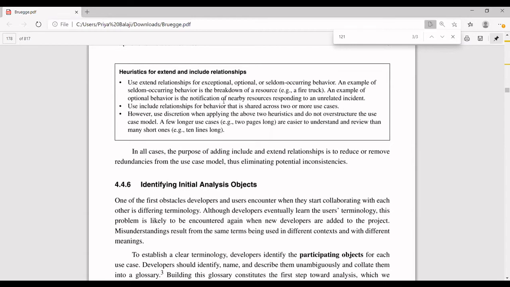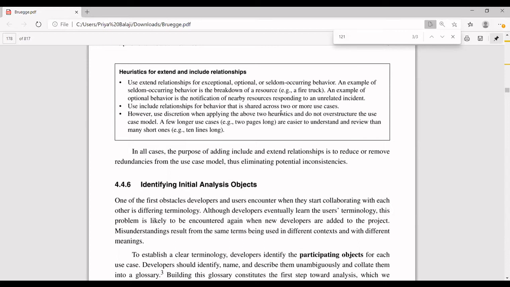And the include relationship is for behavior shared across 2 or more use cases. That is, your view map can be shared across 2 or more use cases. You use your include relationship when it is a must to have it inside that particular use case. You remember your inheritance concepts in Java: single inheritance, multiple inheritance, multi-level inheritance.